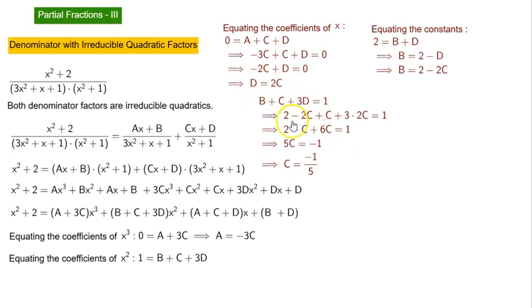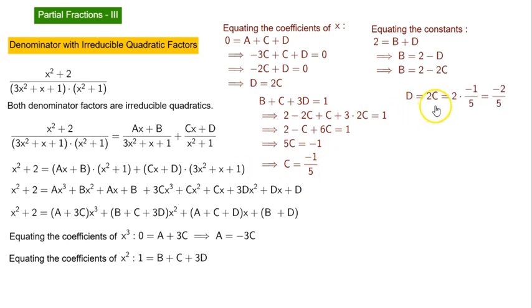So that means we can convert this into terms with c. So 2 minus 2c plus c is minus c plus 6c is equal to 1. Simplifying it, we get c is equal to minus 1 by 5.